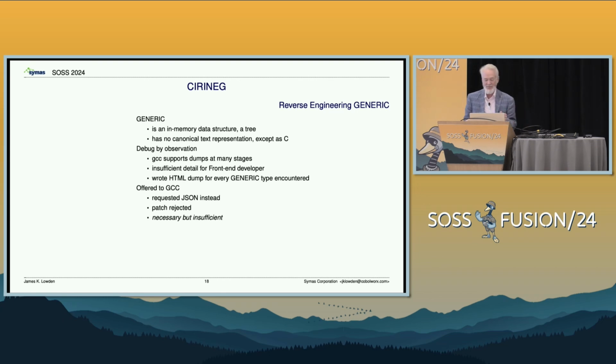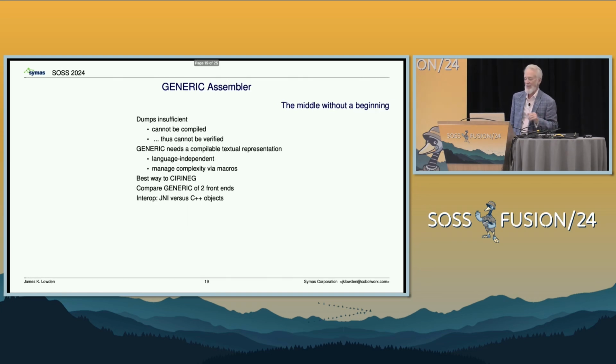So he did it in JSON because that was what they wanted, and they didn't like to take that either. We're still using what we have. But I'm going to say that neither of those is the right idea, and I'm hoping to convince you that I'm right about that. I think the solution to documenting GCC's internals is a combination of money from without and a language to do it with.